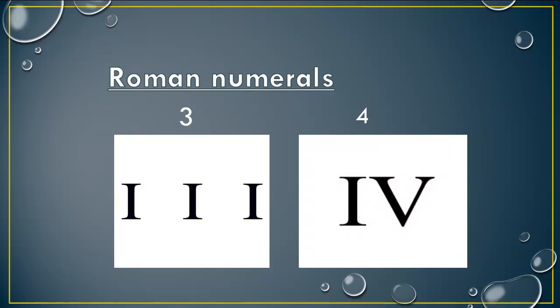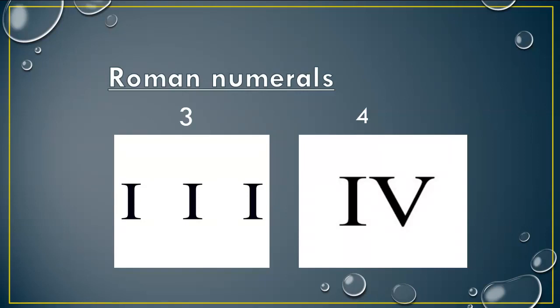So if you represent 4 in terms of I's, then you will write I 4 times, which means you are writing I continuously more than 3 times, which is not allowed in Roman numbers because it becomes confusing. So what was the solution? Well, the solution was that they came up with a new symbol for 5. That is V. So V is equal to 5.